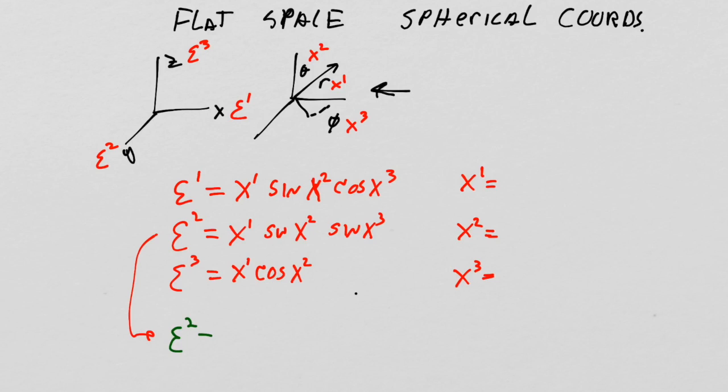E2 equals E1 prime sine C2 prime sine C3 prime, where I'm changing the coordinates by putting a prime in the indices, right? That's actually how I prefer it.